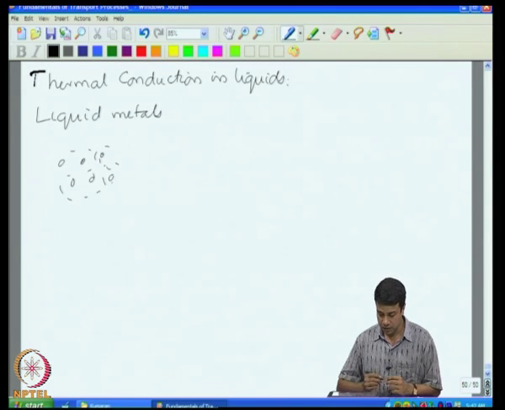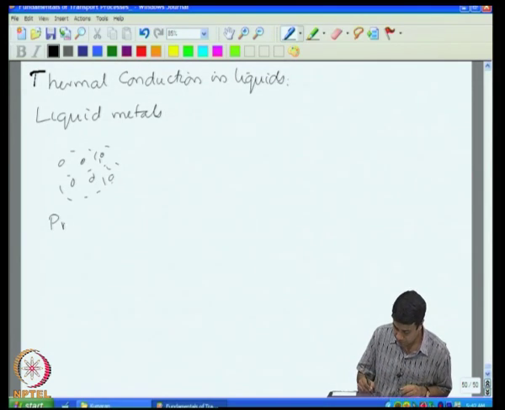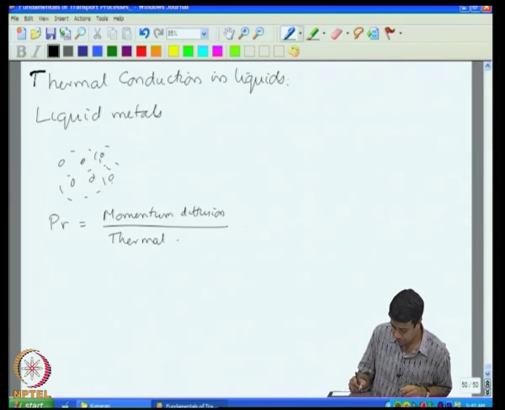Due to that, the Prandtl number, which is the ratio of momentum diffusion by thermal diffusion, is actually much smaller than 1.